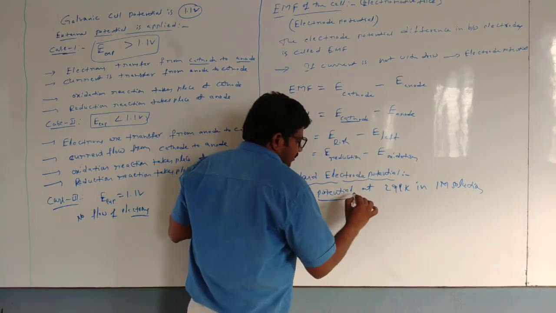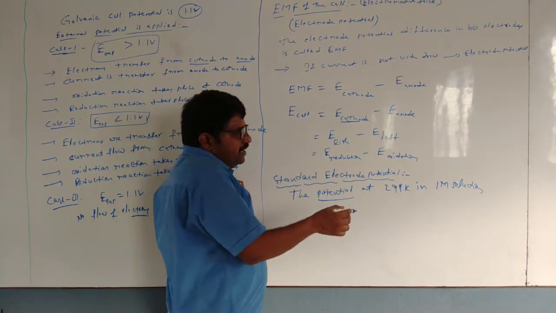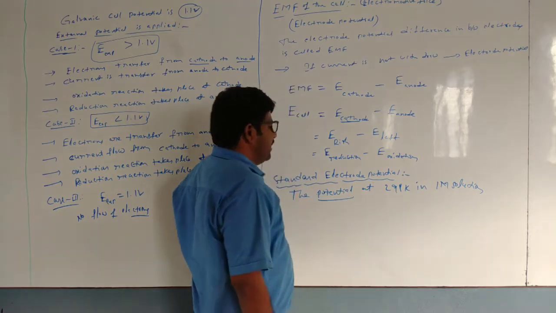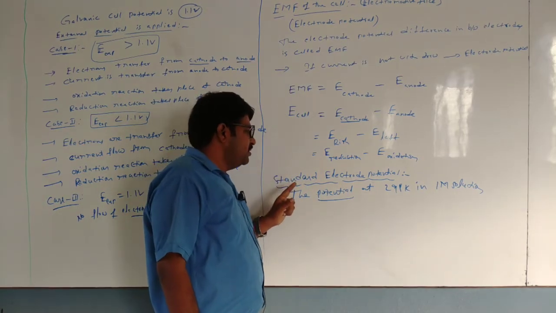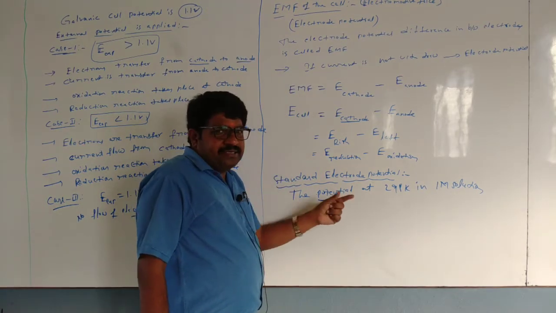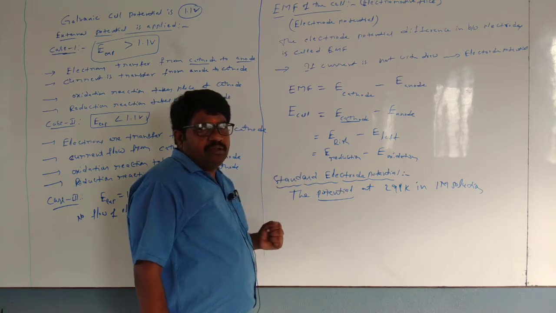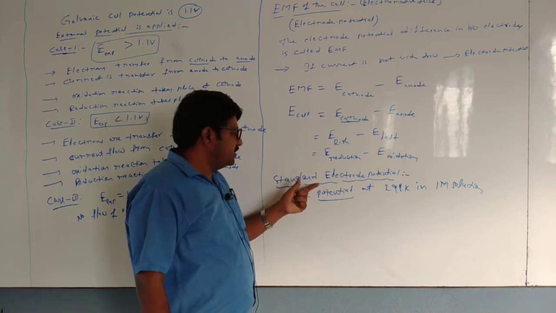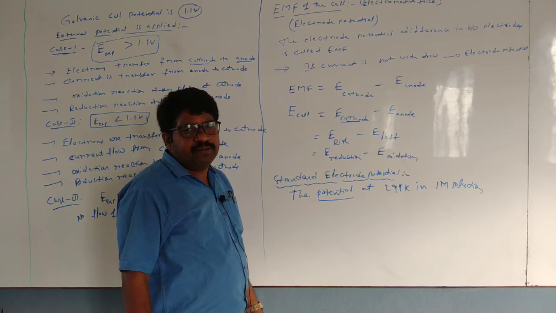The potential at 298 K in 1 molar solution is called standard electrode potential.